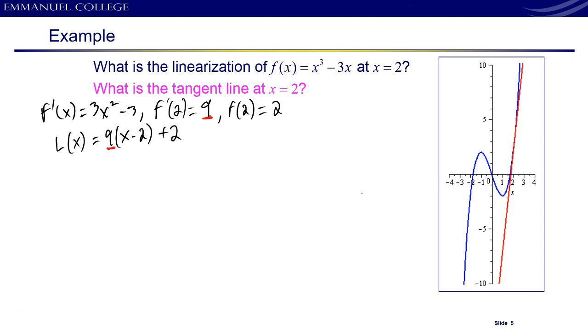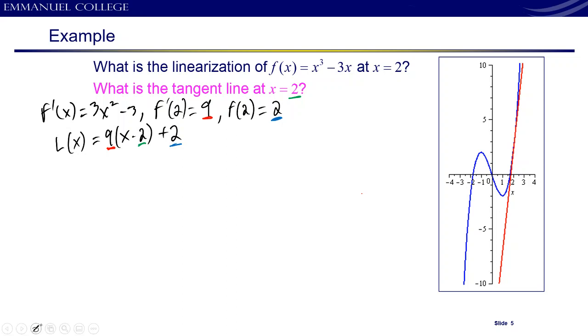And the 9 comes from here. The 2 in here comes from that 2. And the plus 2 at the end comes from finding what is f of 2.